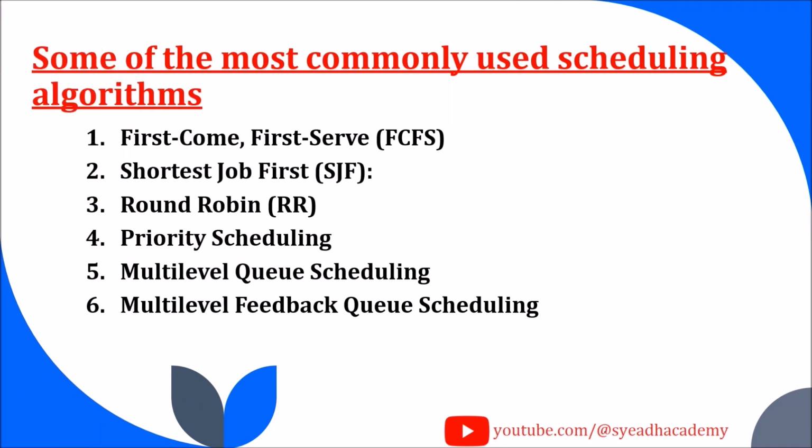There are several scheduling algorithms used in operating systems. Some of the most commonly used scheduling algorithms include: 1. First come, first serve scheduling. 2. Shortest job first scheduling. 3.